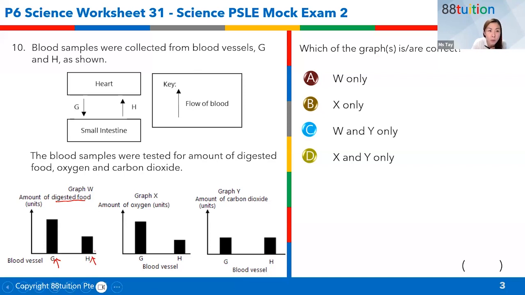Do you think that is possible? Can the blood that is flowing from the heart to the small intestine have a lot of digested food compared to blood vessel H? Yes or no? Let me see. Yes, please. Okay, while you respond to me, tell me why you said that.